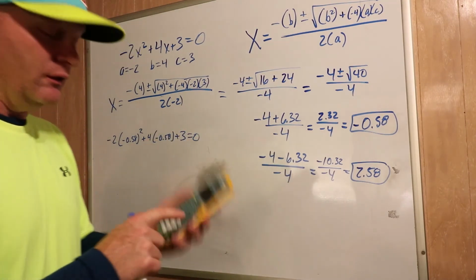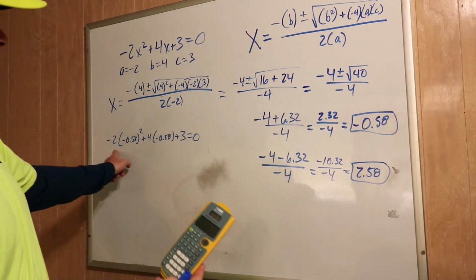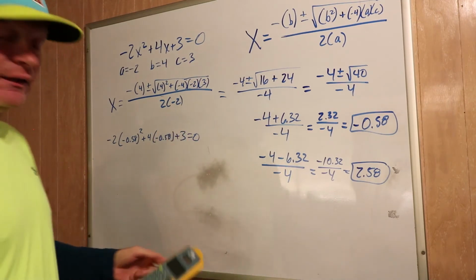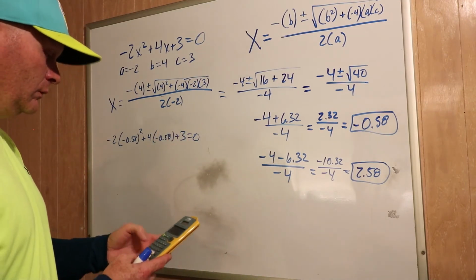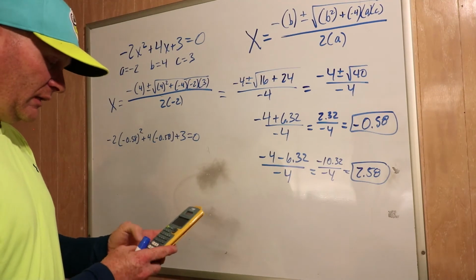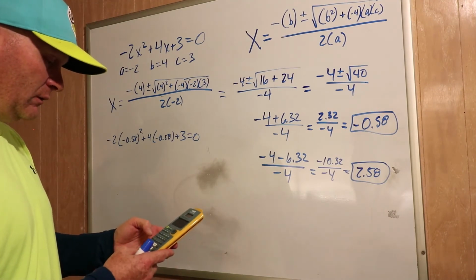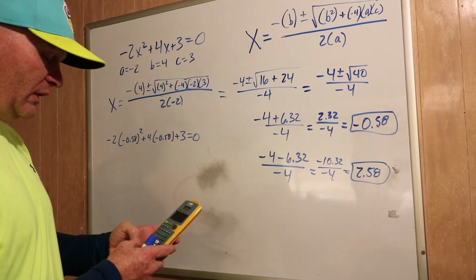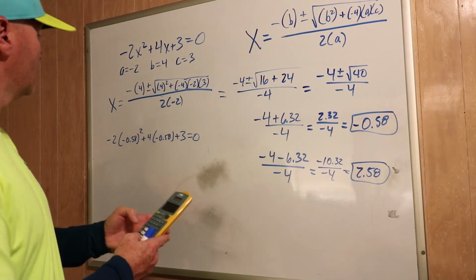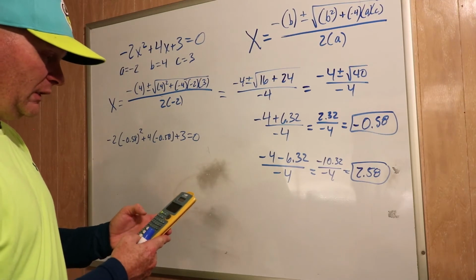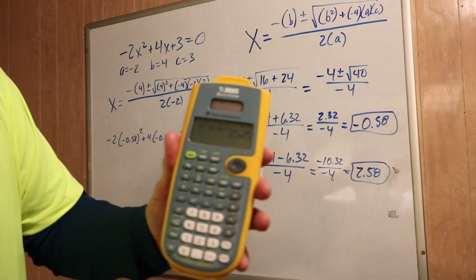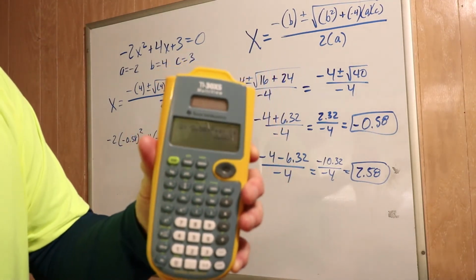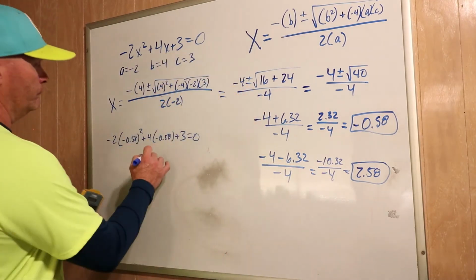This is a great one to check with the calculator. So I'm just going to type it in the calculator exactly like that. Negative 2, parentheses, negative 0.58 squared plus 4 times negative 0.58 plus 3 equals, I don't know if you can see it, 0.0072.